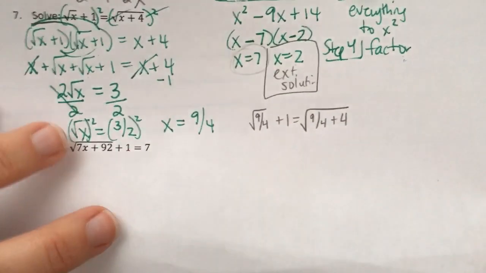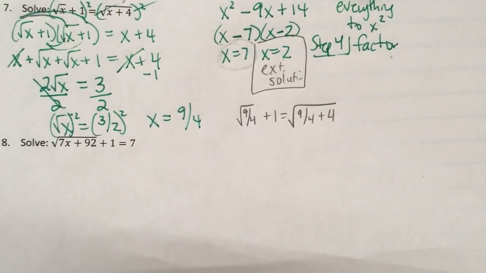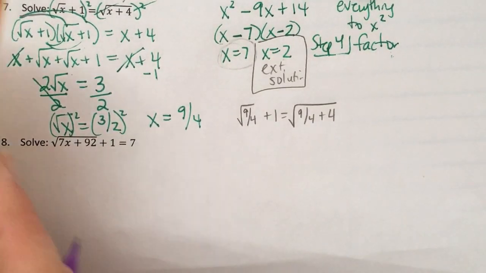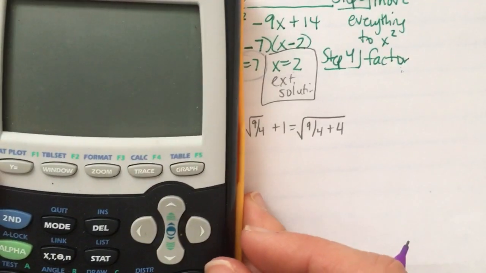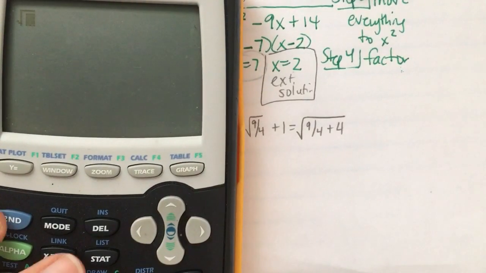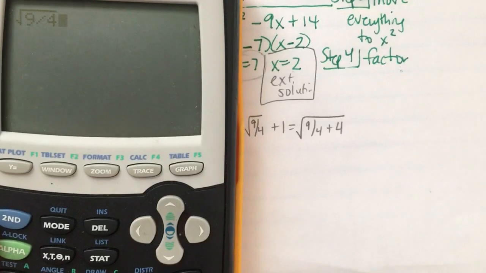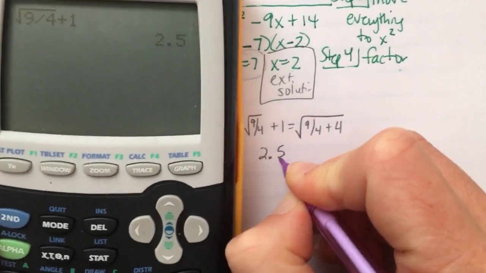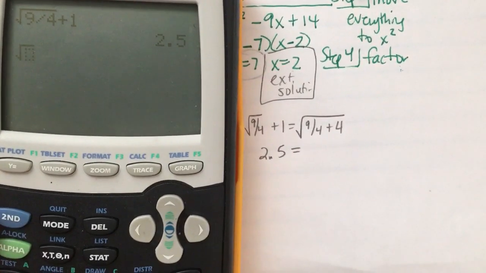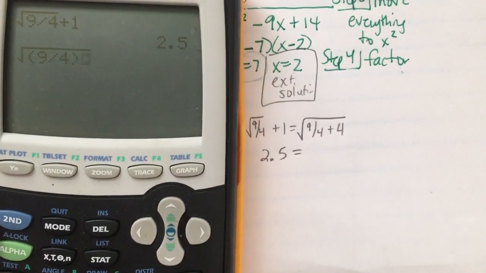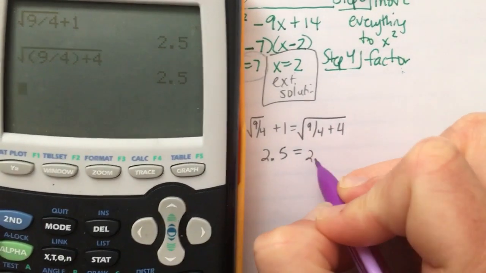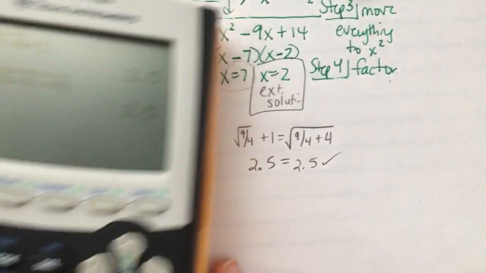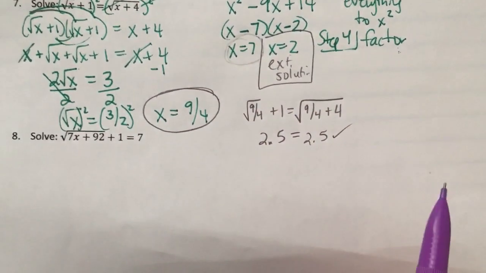I'm going to use my calculator for this one since it has fractions. So the square root of 9 over 4 plus 1. All right, so the left side gave me 2.5. And then if I do the other side, it also gives me 2.5. So 9 over 4 is a solution.